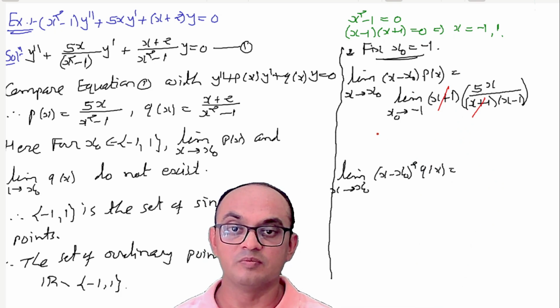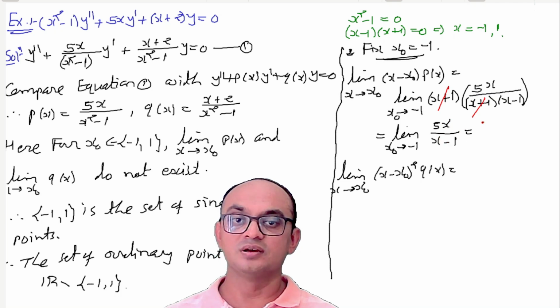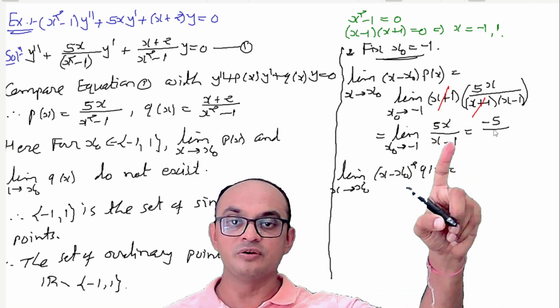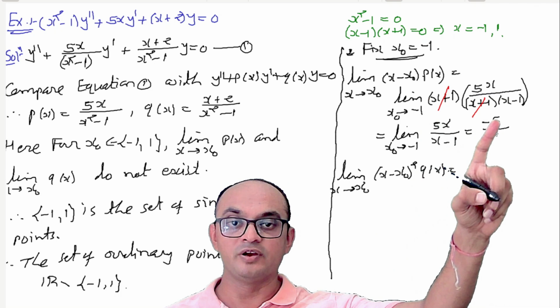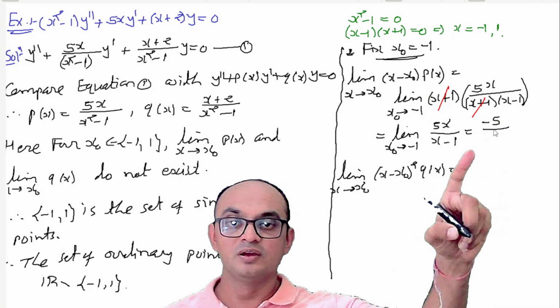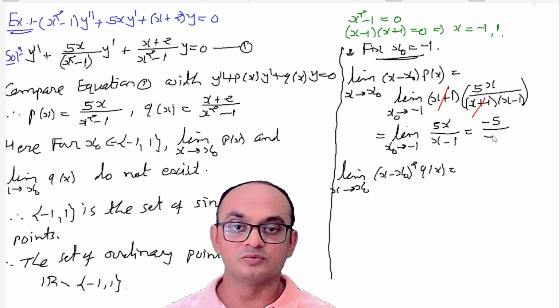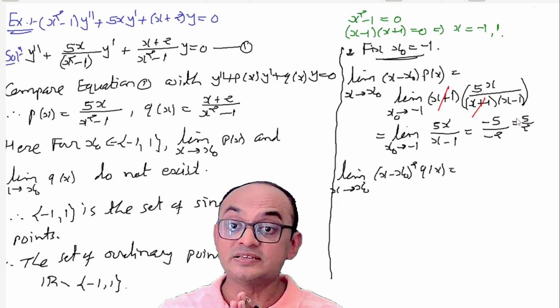So this is nothing but limit x tends to minus 1 of 5x upon x minus 1. I just substitute x equal to minus 1 here. So 5 into minus 1 is minus 5, and minus 1 minus 1 is minus 2, which equals 5 upon 2. So this limit exists.